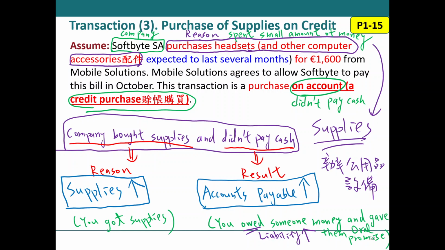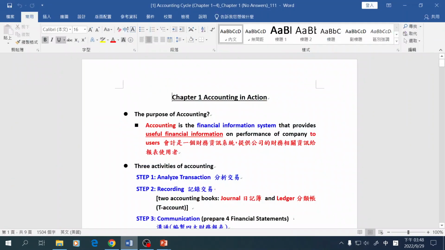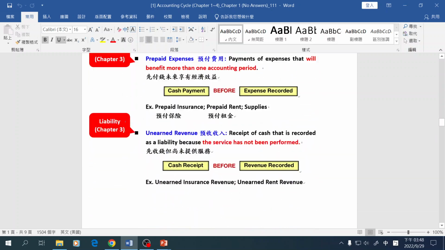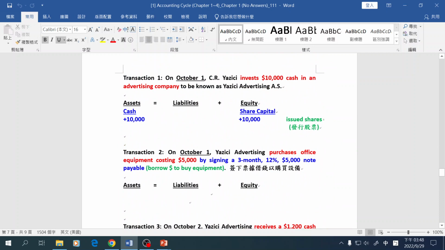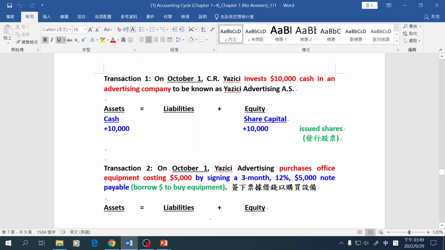I will show you the file today. Don't forget to bring it next time. The note is on page 7.